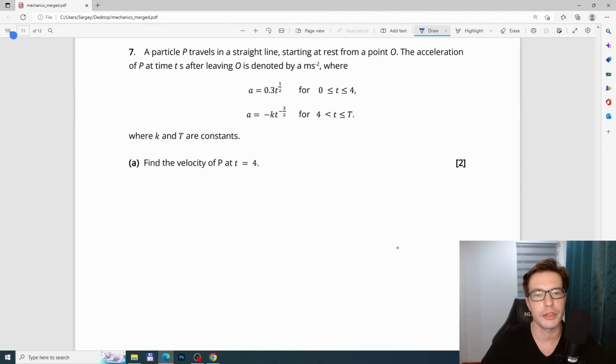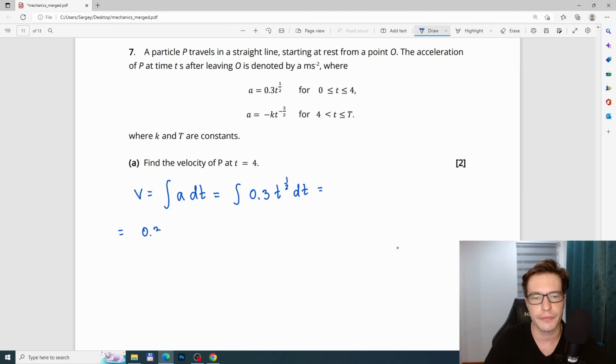Okay, next question, we're supposed to find velocity and we're given acceleration, so that means we can integrate acceleration. So it's going to be the integral of 0.3 t to the power of 1 over 2 dt.